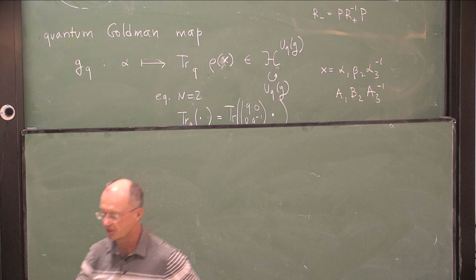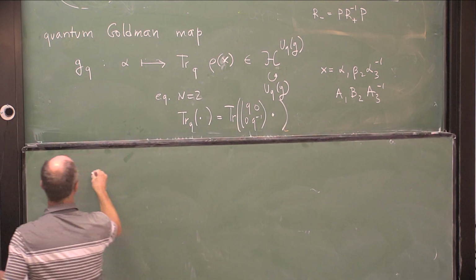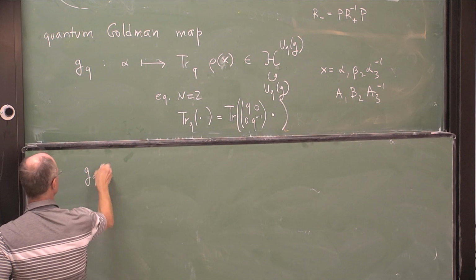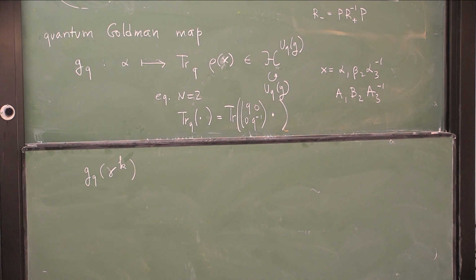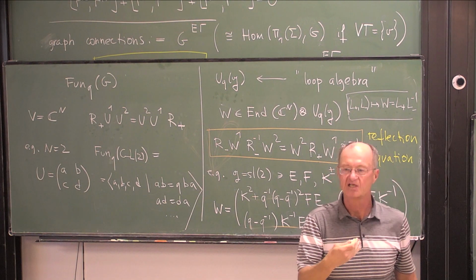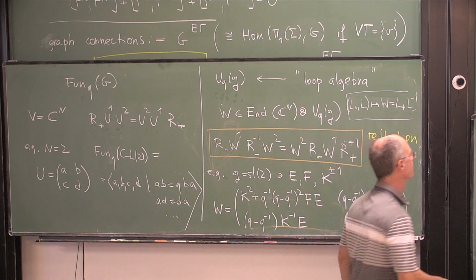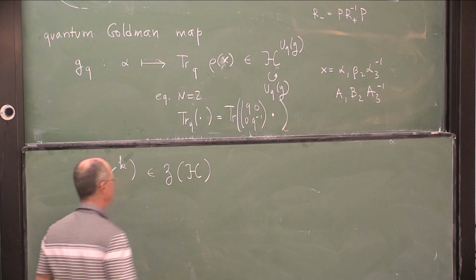And here I start getting really approximate. So G_Q of powers of the boundary loop, remember, in the Goldman algebra these were elements of the center. And this turns out to be in the center of H.